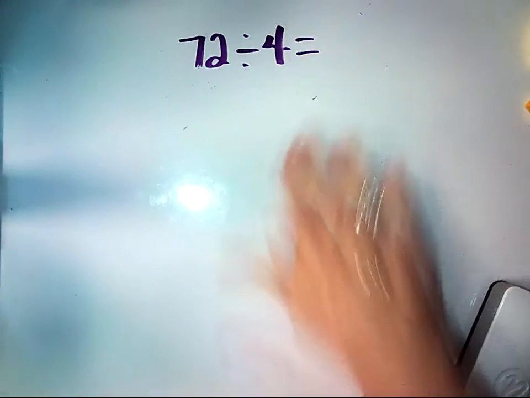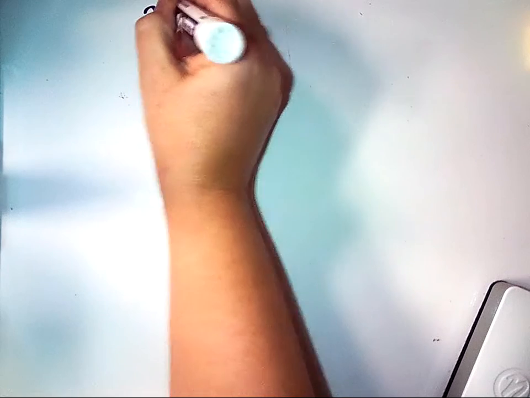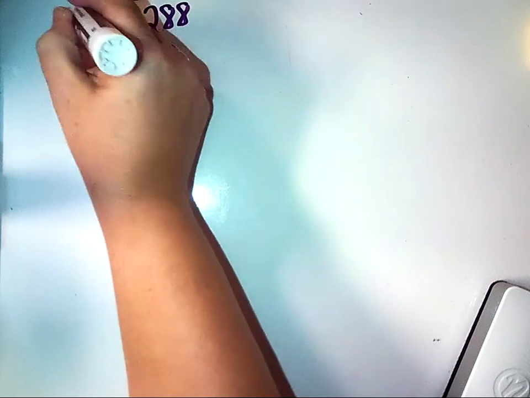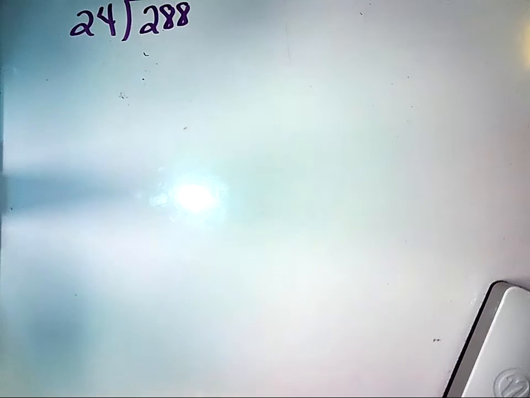Okay, so I'm going to do one more. Let's take it the next step up. So let's say we wanted to go to an even bigger problem. So 288 divided by 24. So I'm going to start.